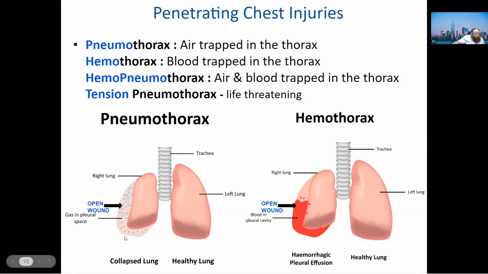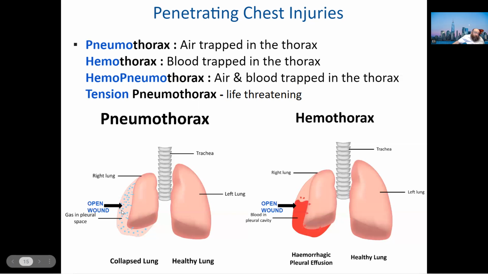So the chest wall has a hole in it. The parietal pleura has a hole in it. Guess what happens? Air is going to rush in because now there's a hole in the chest that isn't supposed to be there. There is a hole in the parietal pleura that isn't supposed to be there.